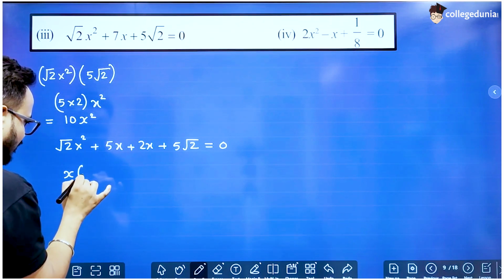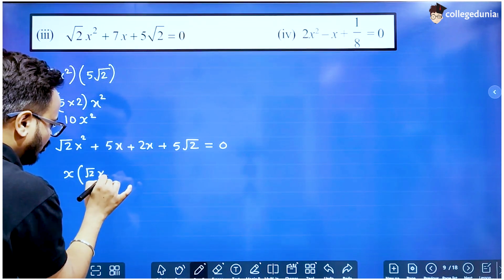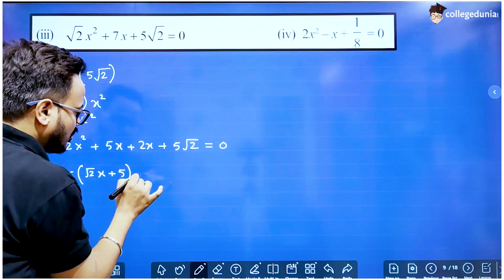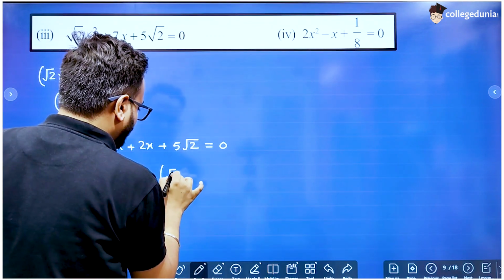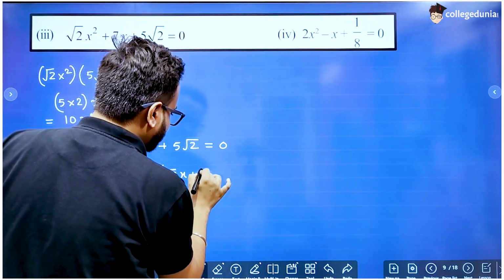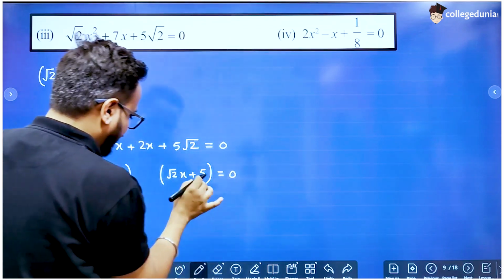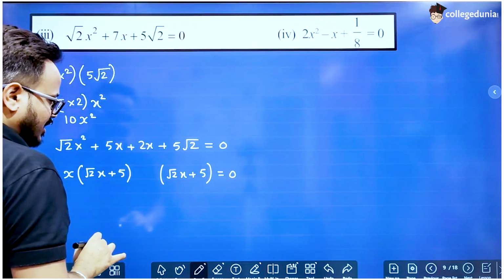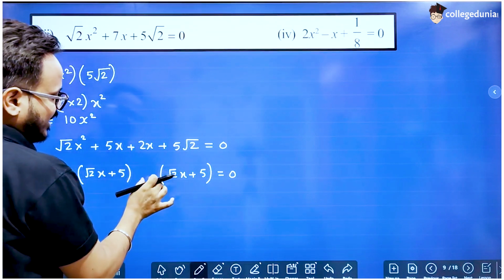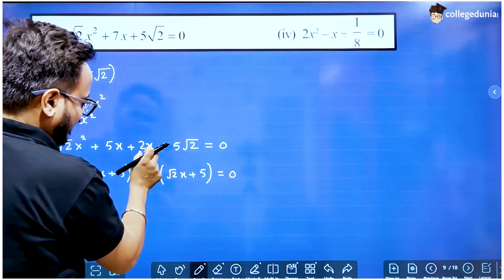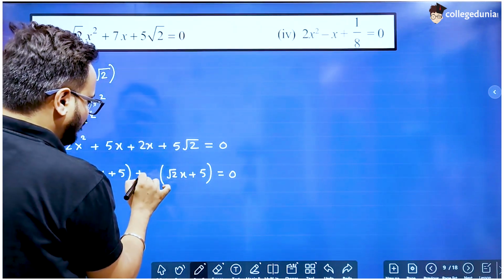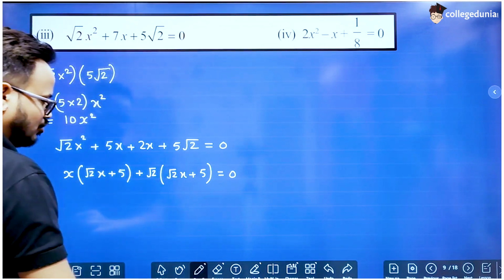Only the x is common in the first two terms, so write here root 2x plus 5 and root 2x plus 5, same bracket here also. Now think about it. What should I write here so that if I open the bracket, I get 2x plus 5 root 2? So obviously I should write root 2 here.